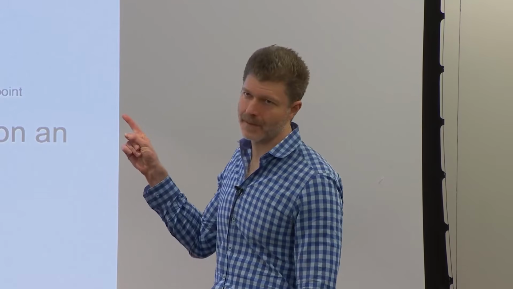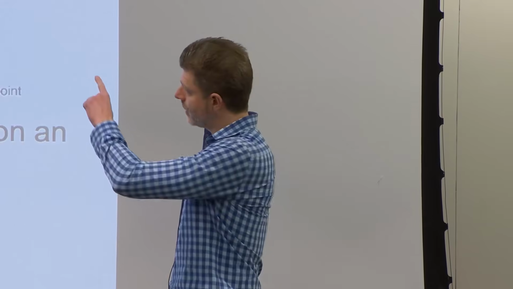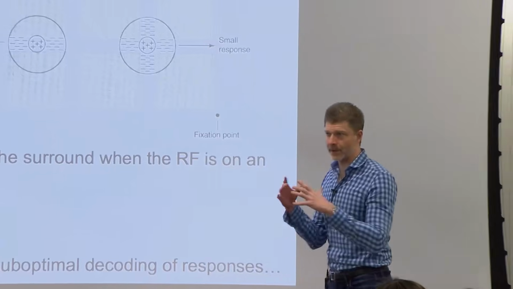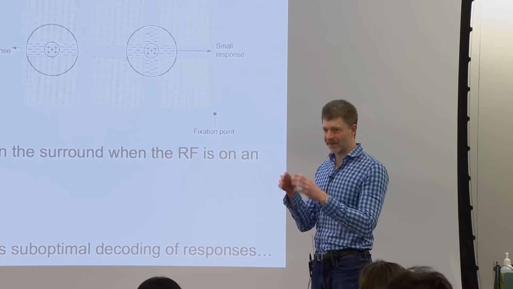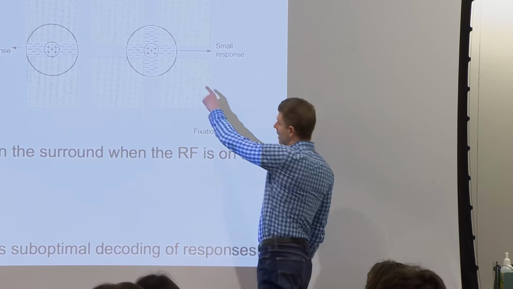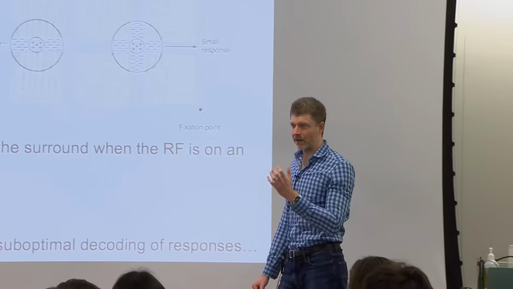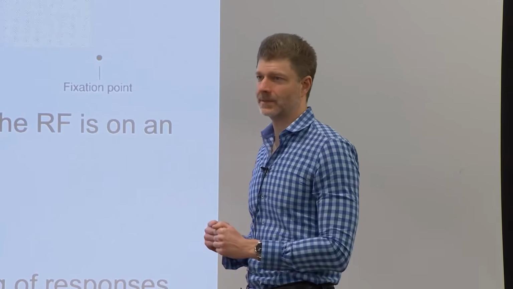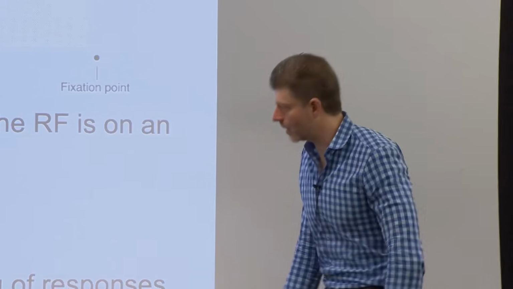But I was actually looking for an answer in terms of the type of receptive field that we're trying to explain this with. Specifically, this is an on-center receptive field, right? And so normally the response of that cell signals increments in intensity, okay? And so if there's a smaller response from that cell, that would correspond to a decrease in intensity. So that was the underlying logic I was looking for.